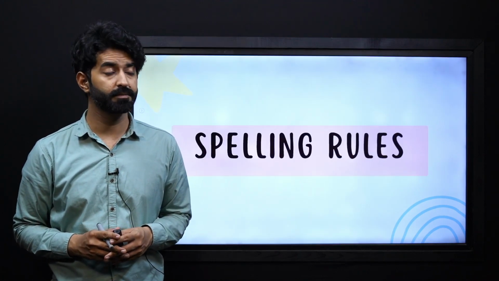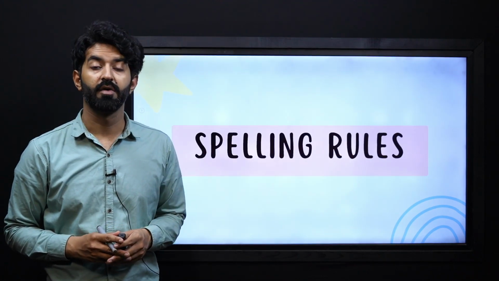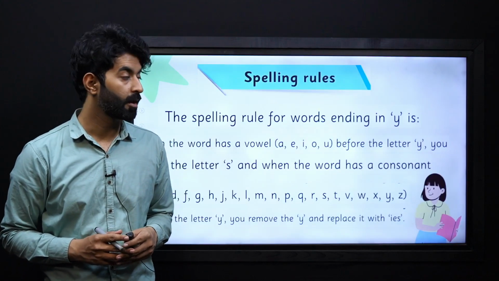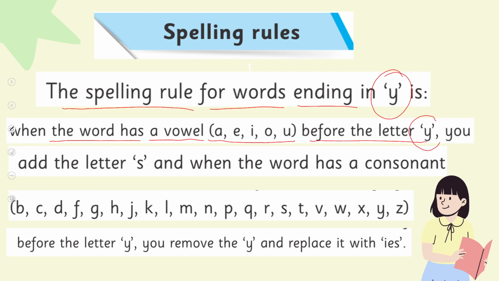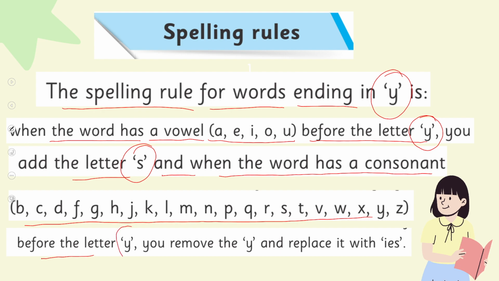Now let's move on. We have our spelling rules. Now let's see what they are. The spelling rule for words ending in Y is: when the word has a vowel, all these vowels A, E, I, O and U, before the letter Y, you add the letter S, and when the word has a consonant before the letter Y, you remove the Y and replace it with IES.